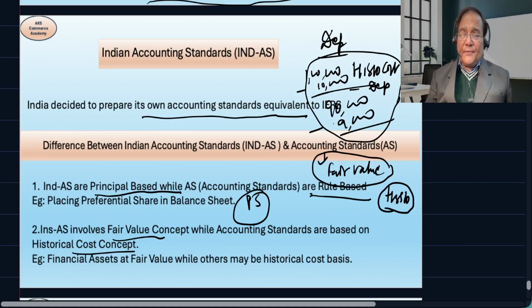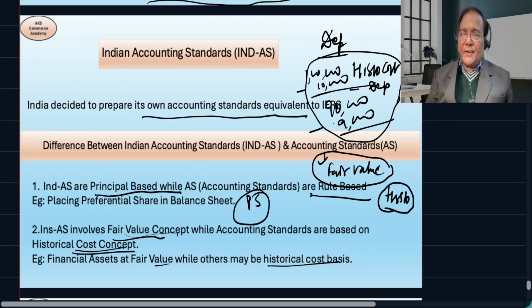Ind-AS involves the fair value concept, whereas it maintains the historical cost concept. Now, financial assets are at fair value, while others may be. There is also an exception.